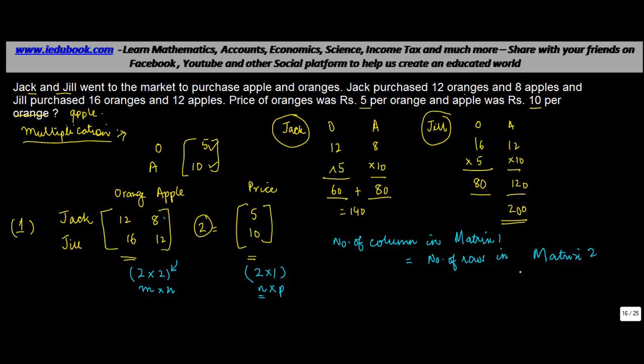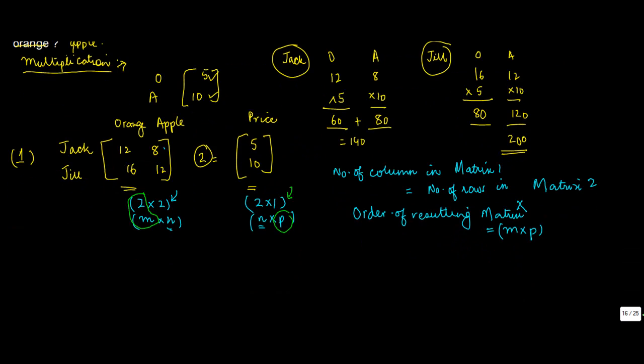If this is not the case, multiplication is not possible. And if that is the case, this n will become common in both. Why? Because this is the rows, this is the column. The order of the resulting matrix will be equal to m into p. So m was the number of rows in the first one and p is the number of columns in the second one.